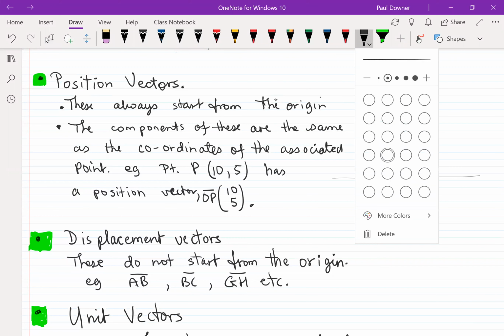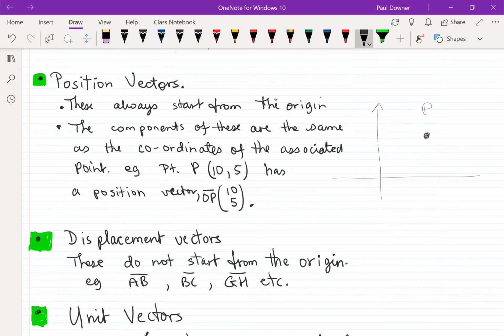Let me make this a little bigger. Right, so this is P. And to get to P, I go 1, 2, 3 units in the X, and then I go 1, 2, 3, 4 units in the Y. Right? The coordinates of P would be 3, 4.